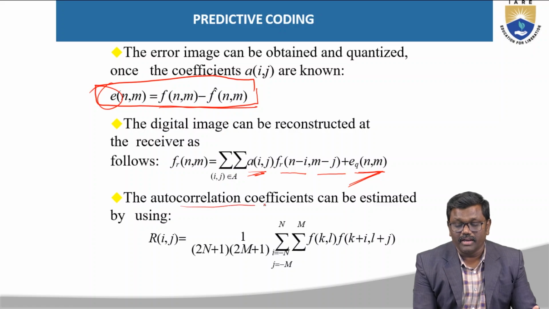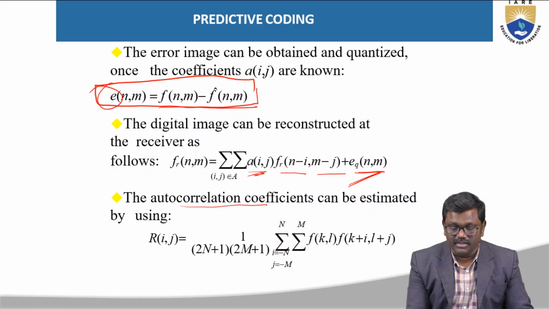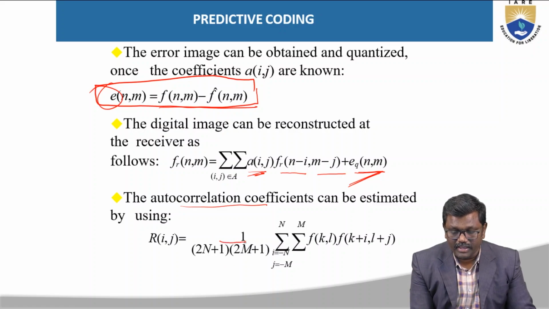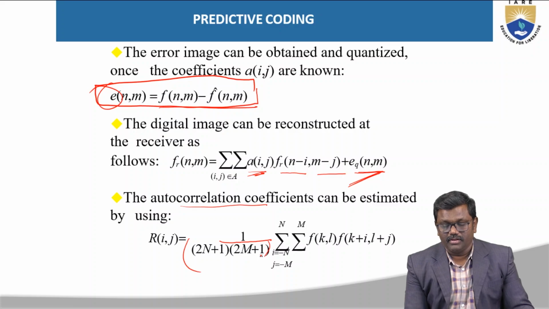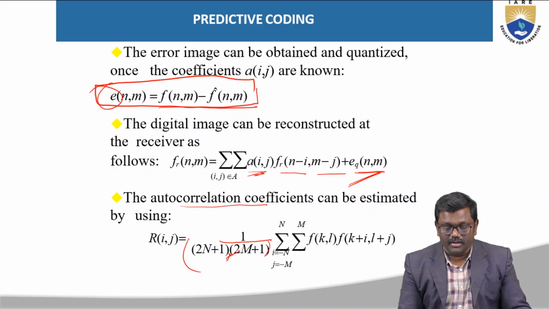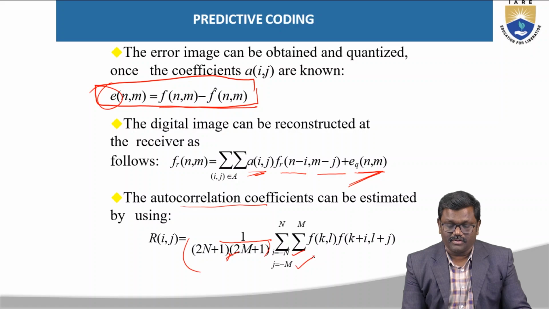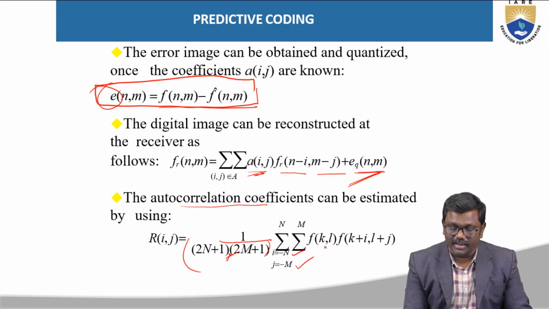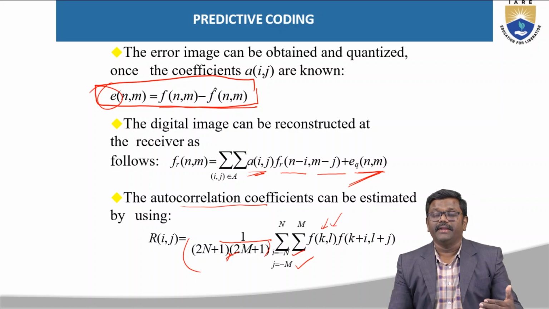Very simply, autocorrelation coefficients can be estimated using R of j. That is why here you can see 1 by 2 power of 2n plus 1, 2m plus 1 is a product value, which helps us to say that the i value is varying in terms of n and the j value will be varying in terms of m, and f of k comma l, where these parameters of k are varying with respect to n and m.